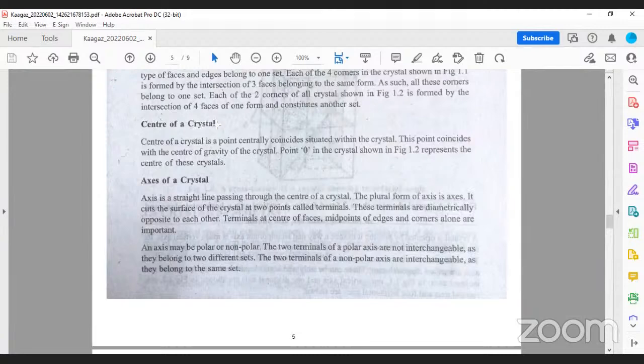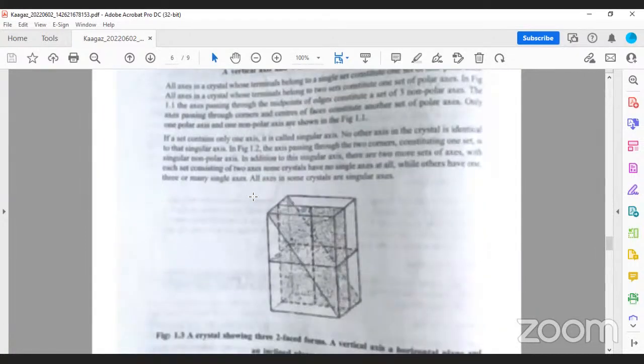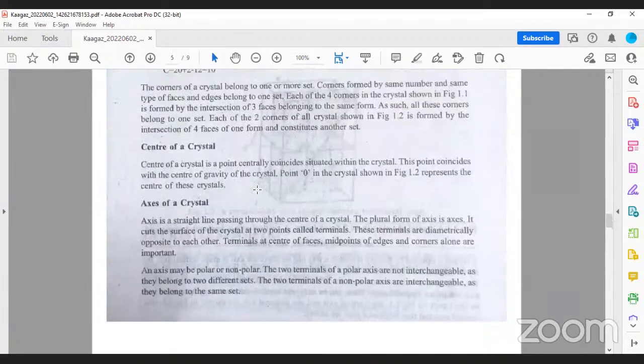Crystal center of symmetry, crystal axis of symmetry, another is the plane of symmetry, and pseudo symmetry. There are 4 types of that. Center of symmetry.